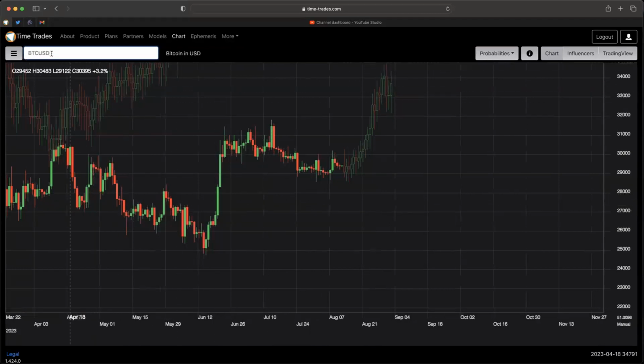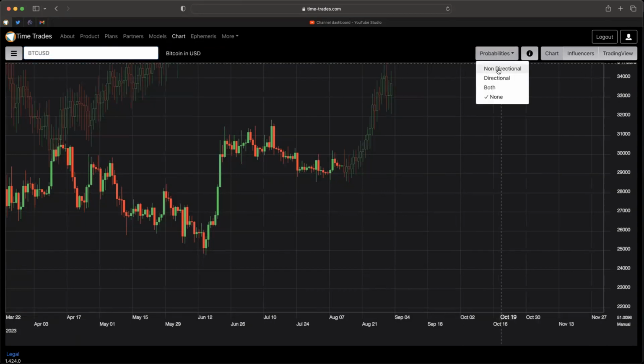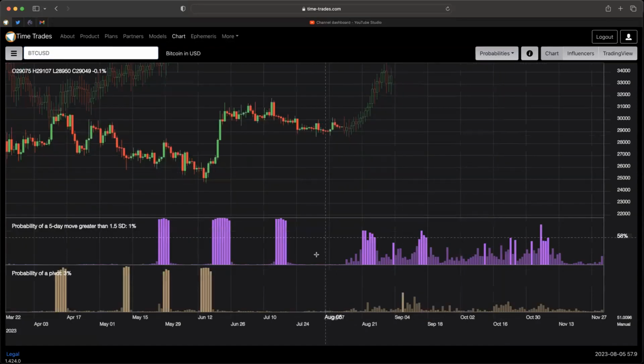Now, what you're looking at here is Bitcoin. I mentioned machine learning, and when we turn on the non-directional probabilities, you can see the machine learning generated forecast here. I did make some updates to the machine learning engine over the last week or so, because I wasn't very happy with the Bitcoin forecast. It was very homogeneous.